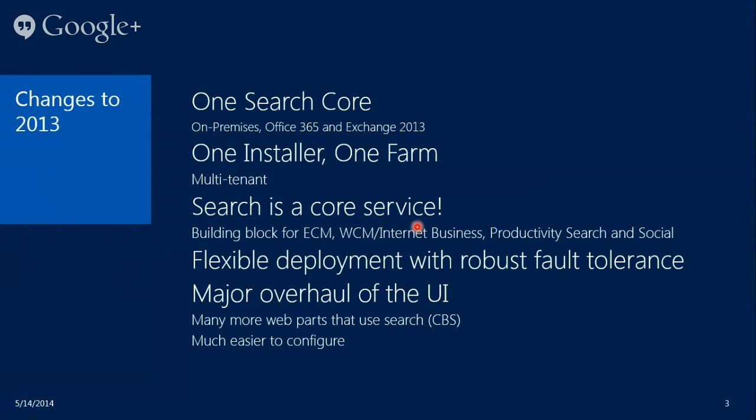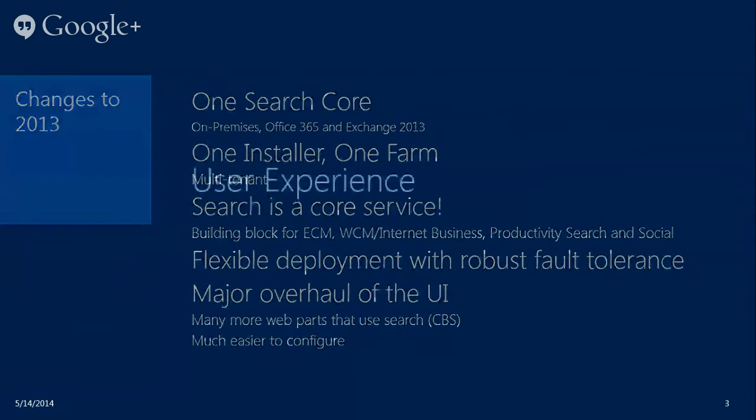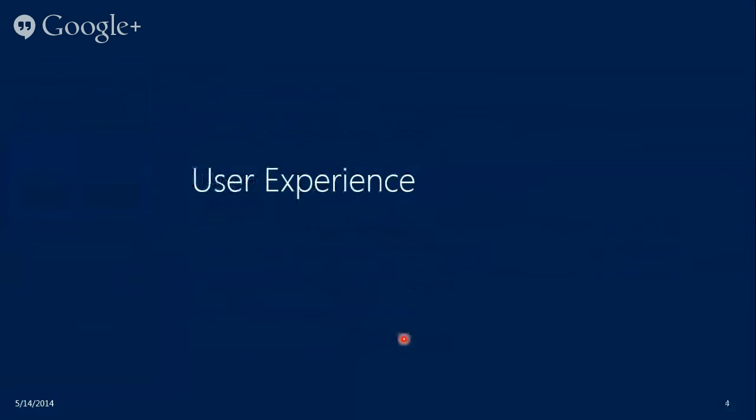So in order to avoid all such mishaps, it's only possible to change a search topology via PowerShell in 2013. There is no UI mechanism for it. We'll be talking about some of the search web parts and how to configure them. So let's get started with the end user experience and what is improved in 2013.